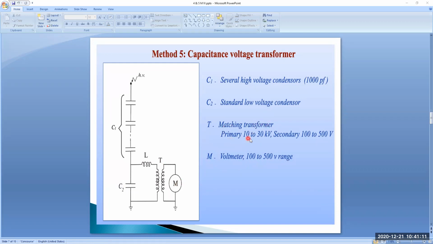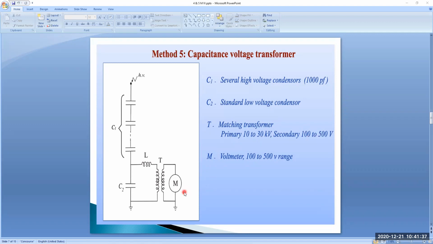The primary side of the transformer is 10 to 30 kilovolts. Here the total voltage is V1 at the high voltage terminal, and here V2. The primary is 10 to 30 kilovolts, but the secondary is 100 to 500 volts. This much lower voltage can be measured using basic meters like moving iron meters.